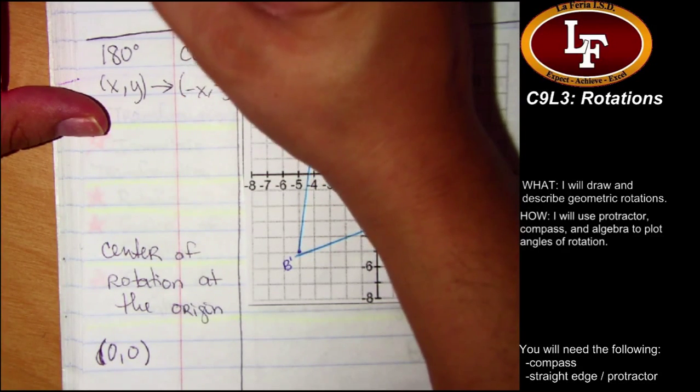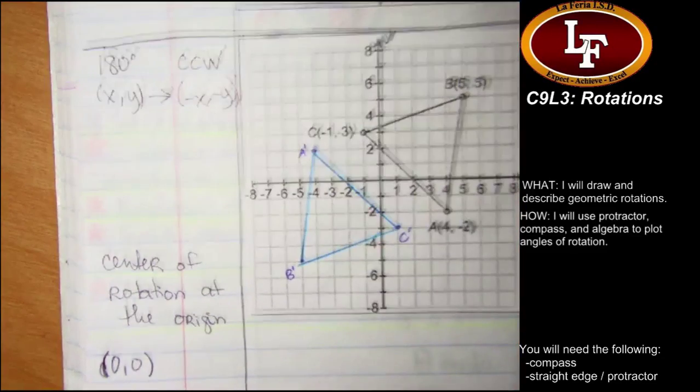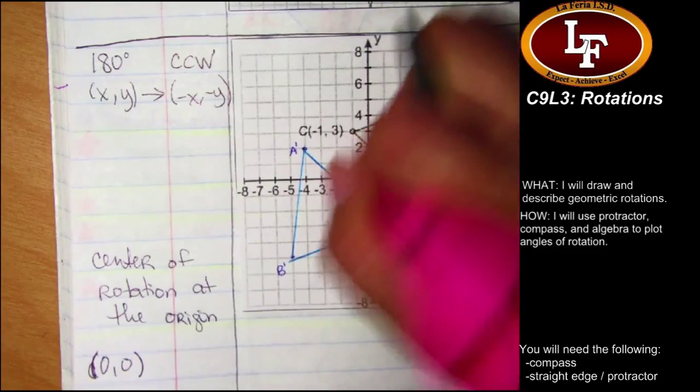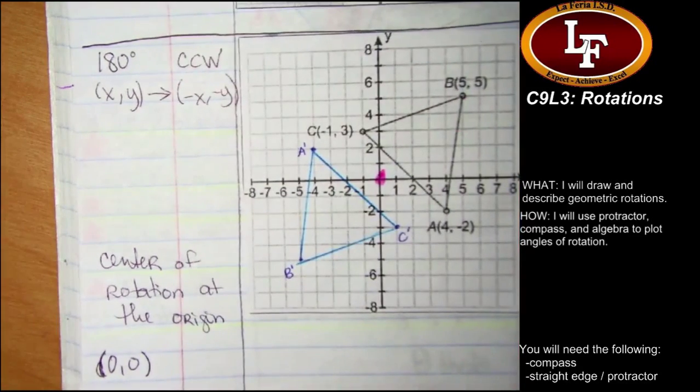I'm writing that for all of them. And I'm going to take my pink highlighter and just put a bright pink dot on the origin, just so I can visually see it.